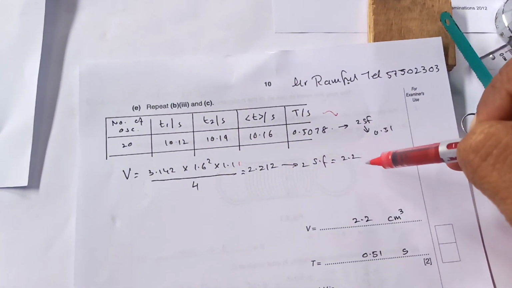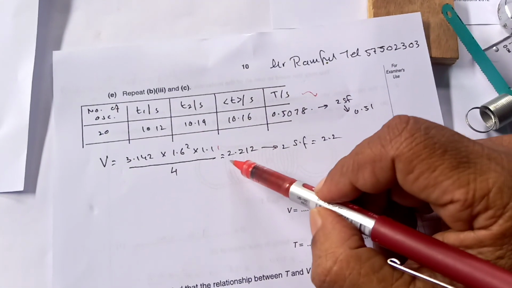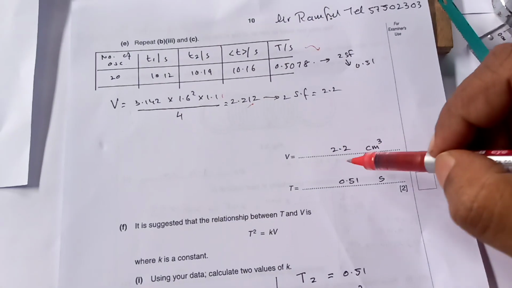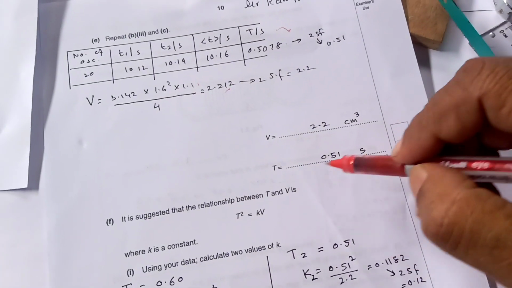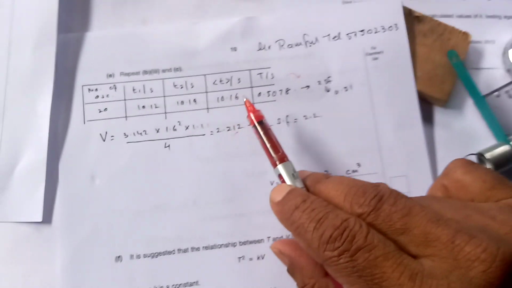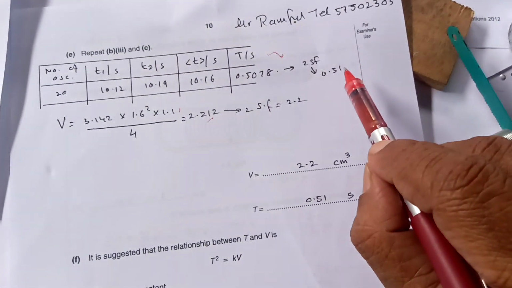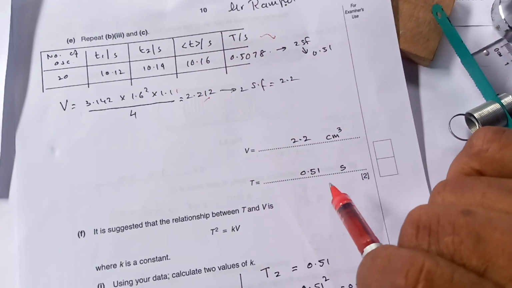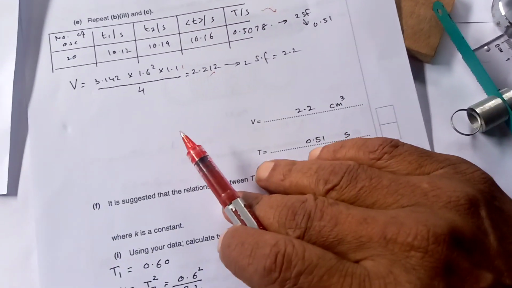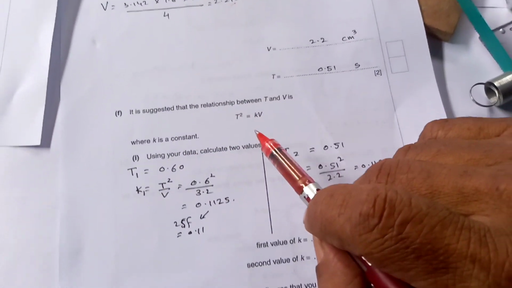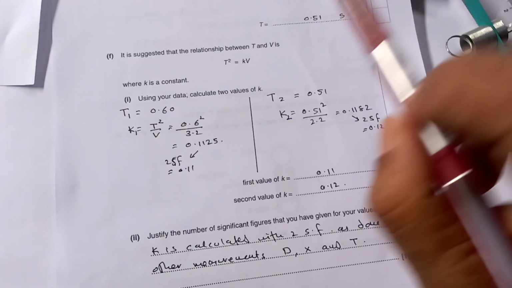Then you get 2.2. Now I got this value, I have to respect SF, so it becomes 2.2. I put 2.2 here. Then the number of oscillation also, I make an average. I divide by 20. I get this value. I respect SF everywhere. Okay, so I get 0.51. Then the rest of the question is very easy.